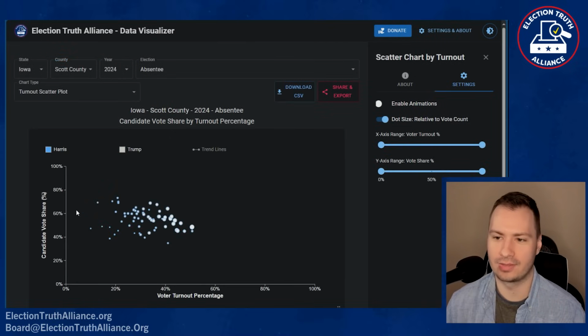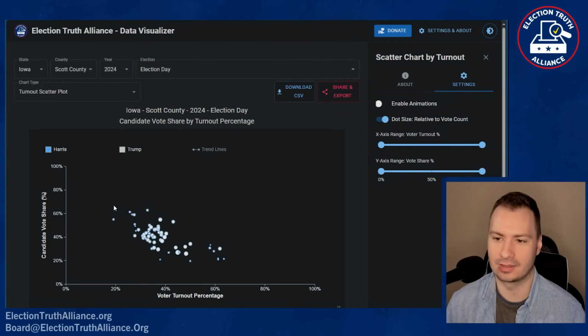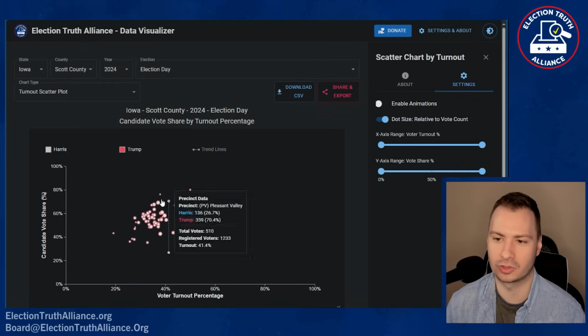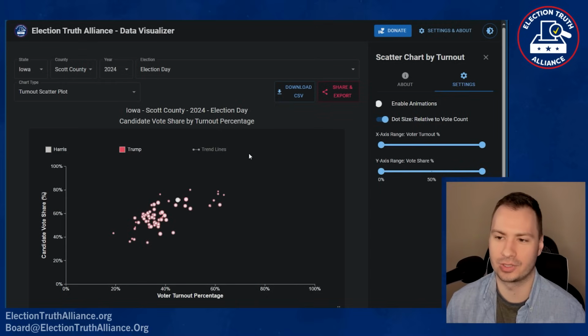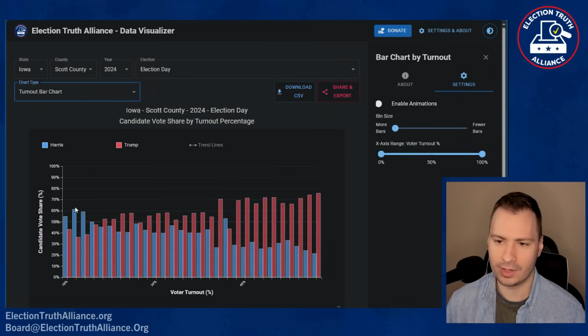Absentee, we get more of that straight line for both candidates. Election day, we get the same concern of a downward trend for the Democrats and an upward trend for the Republicans across all of these precincts with a higher turnout versus precincts with a lower turnout. And then when we turn this into a bar chart, we still see that same shift after a certain point.